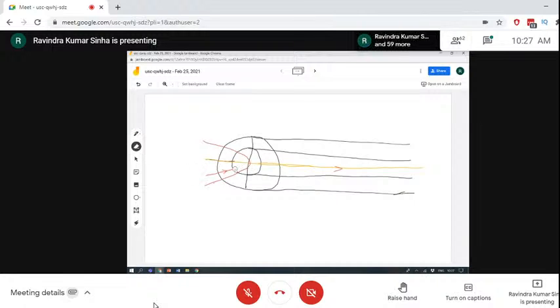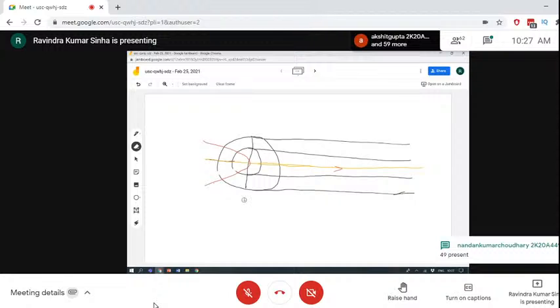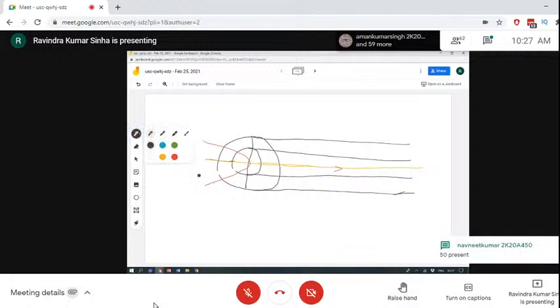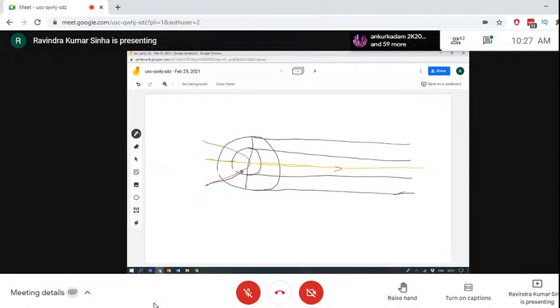So I am removing this. So now what is happening? If this is the incident light, making this angle, this is the maximum angle.